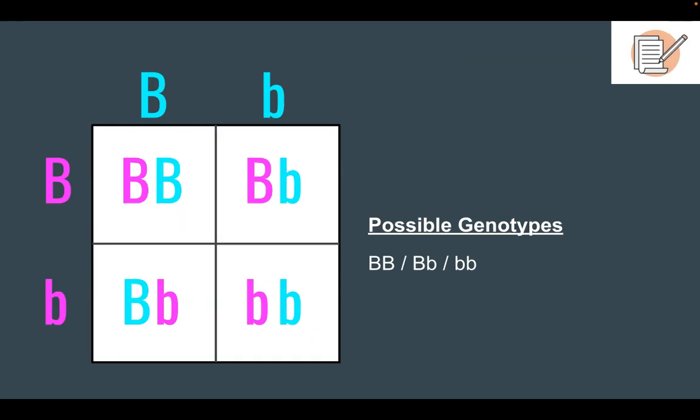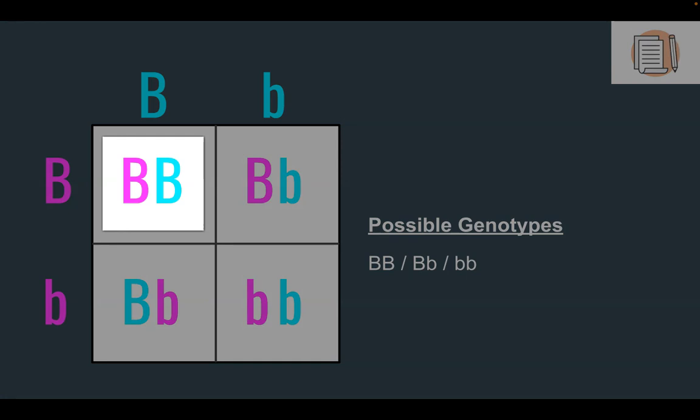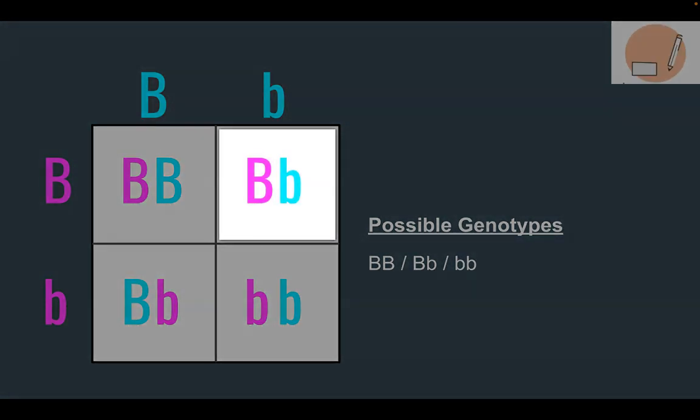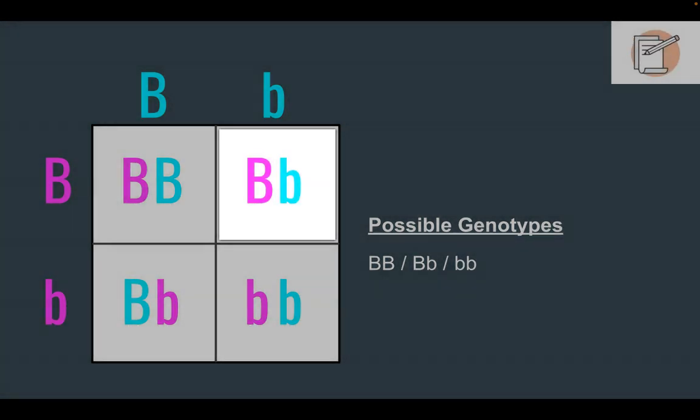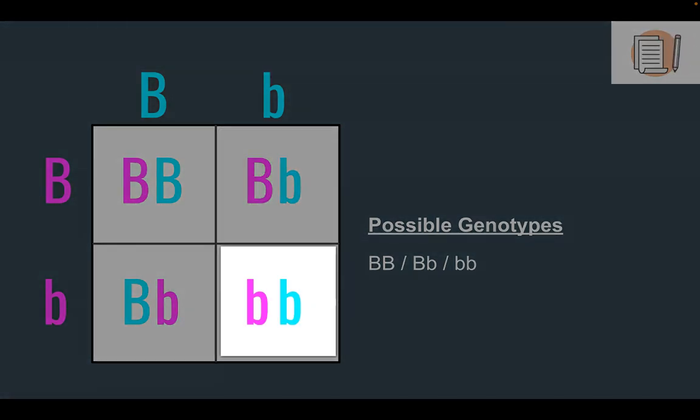Alright, so the first thing we can look at is what are all the possible genotypes. Here you can see that the offspring might have a dominant BB, they could have a dominant recessive Bb, or they might have two recessive bbs.